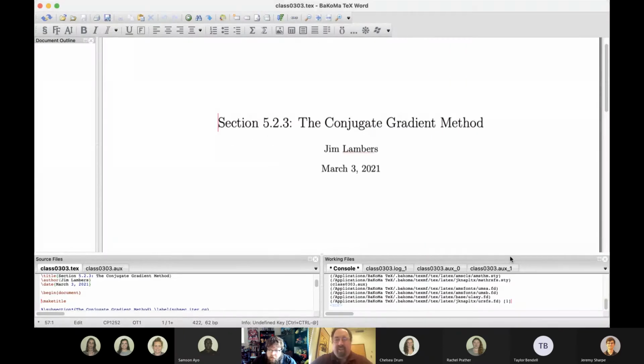Okay, so I temporarily forget how to share screen. Okay, the conjugate gradient method, a method so popular they threw a party for its 50th birthday. Now, when it comes to academics, party means conference, but there is still alcohol involved.